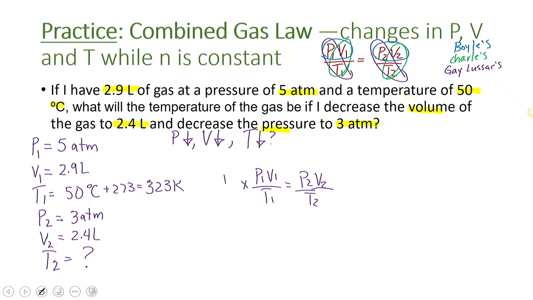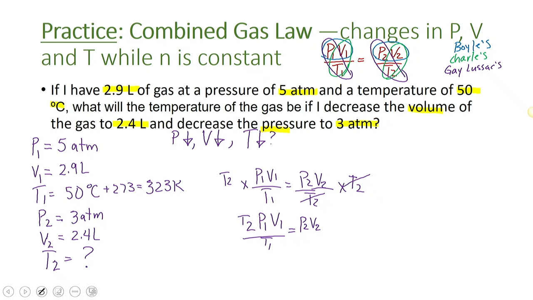So first we've got to get T2 not in the denominator. We need it in a numerator. So notice here that these two cancel out, and I end up with T2 times P1 times V1 all over T1 is equal to P2 V2.